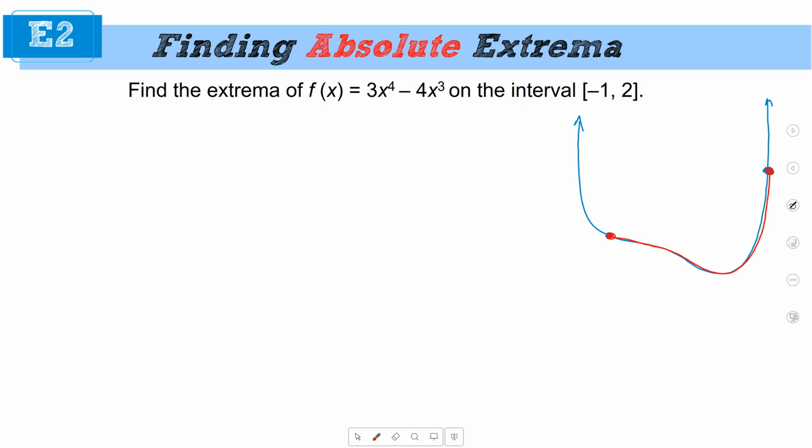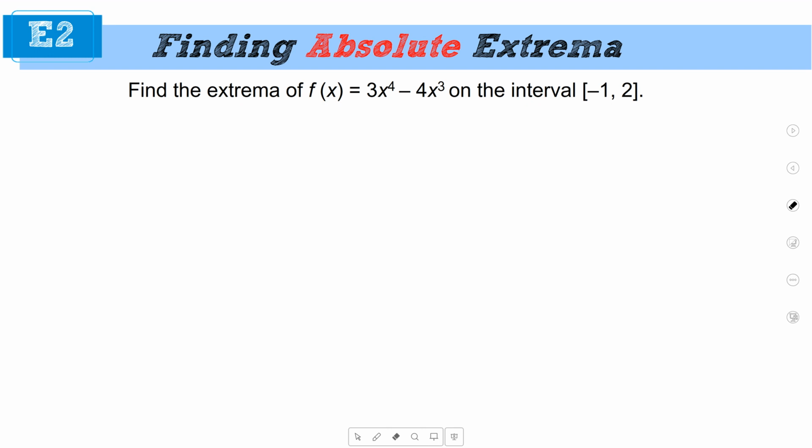Okay. If we had the graph, that would be great. Let's pretend we don't have the graph. 0 or 1 could be a max, 0 or 1 could be a min. How do I know if 0 is higher than 1 or if 1 is higher than 0? Plug it in.